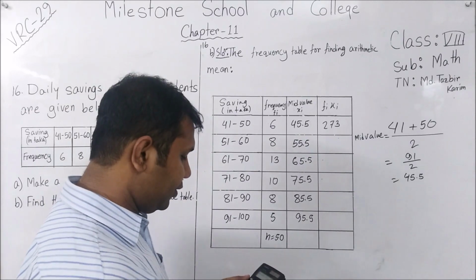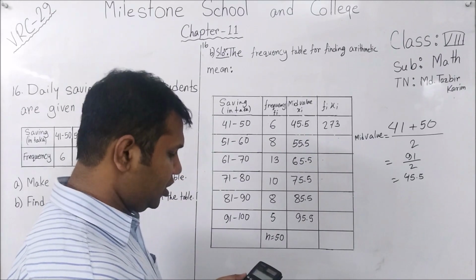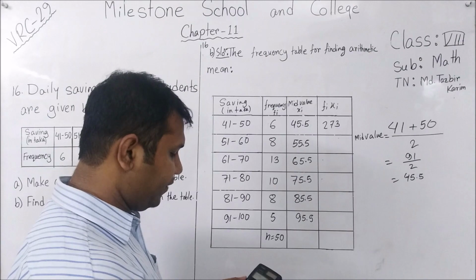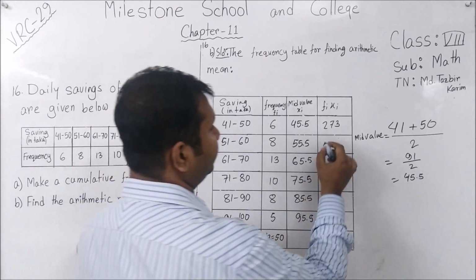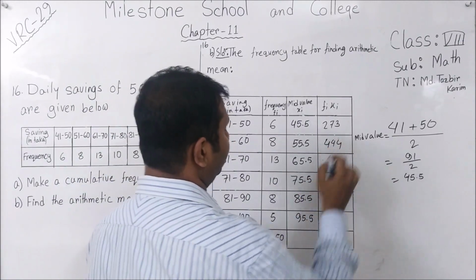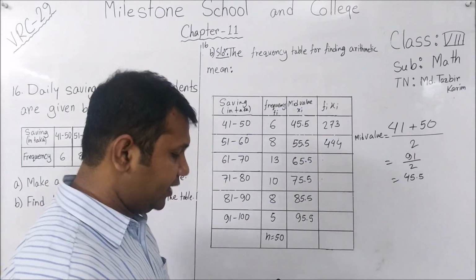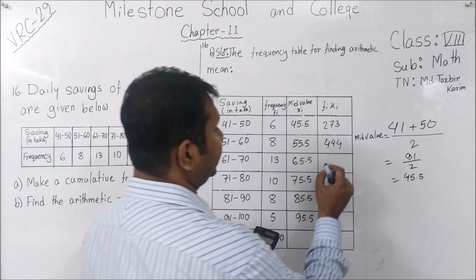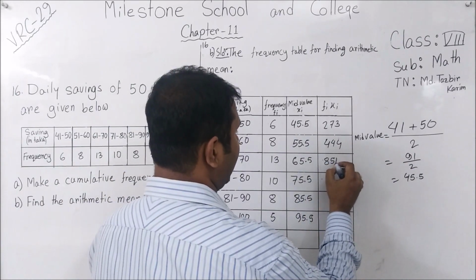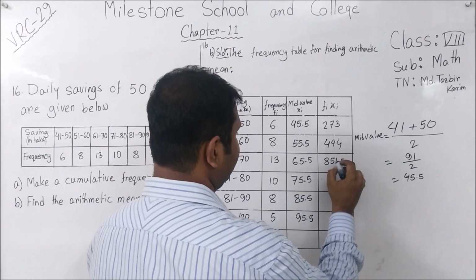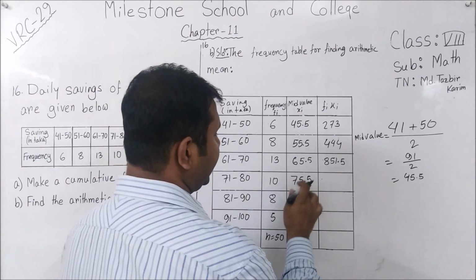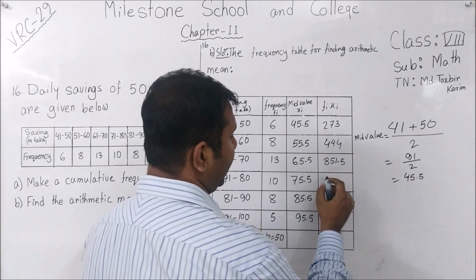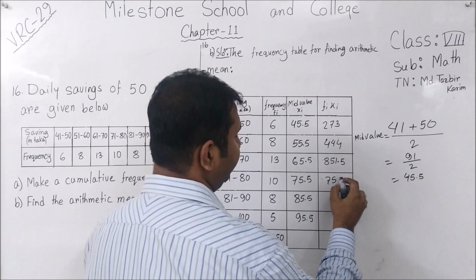Okay? Then if you multiply the next one, 8 into 55.5, you will get 444. Then if you multiply 13 by 65.5, you will get 851.5. Then 10 into 75.5, you get 755.